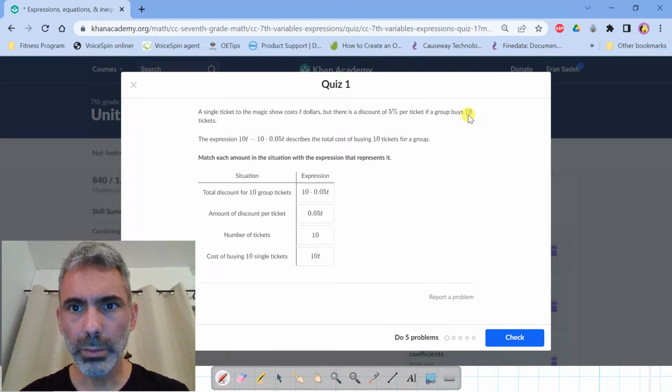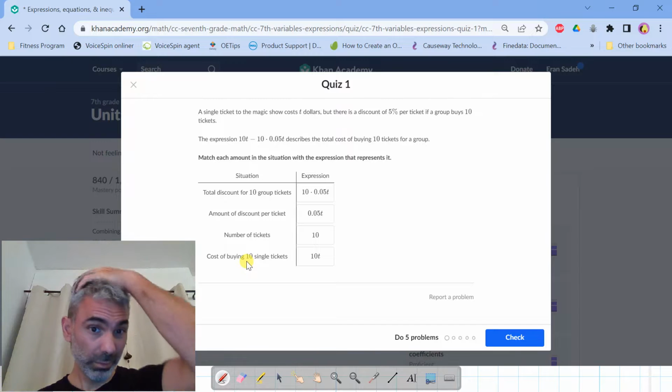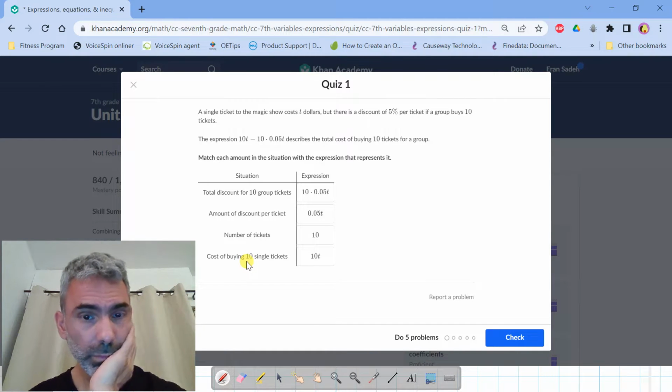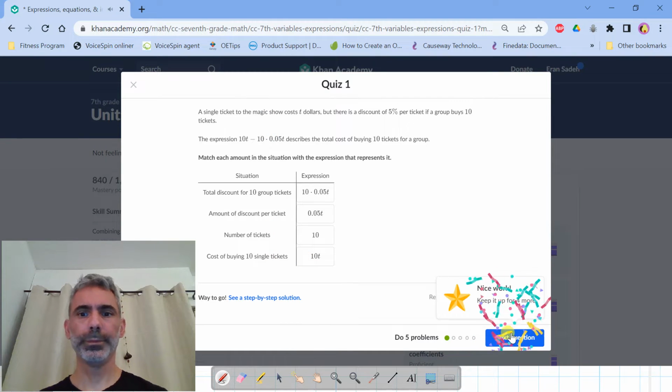The group buys 10 tickets, and the cost of buying 10 single tickets is 10T.